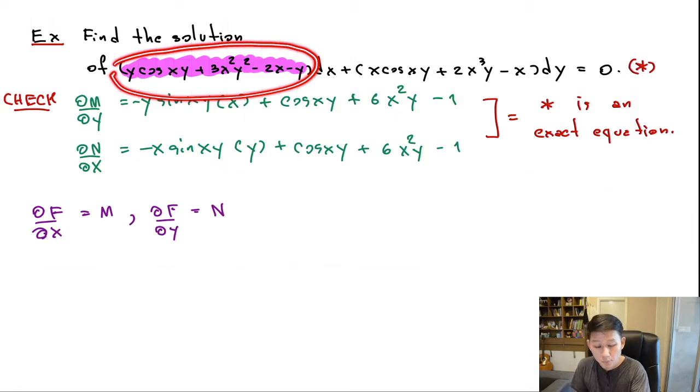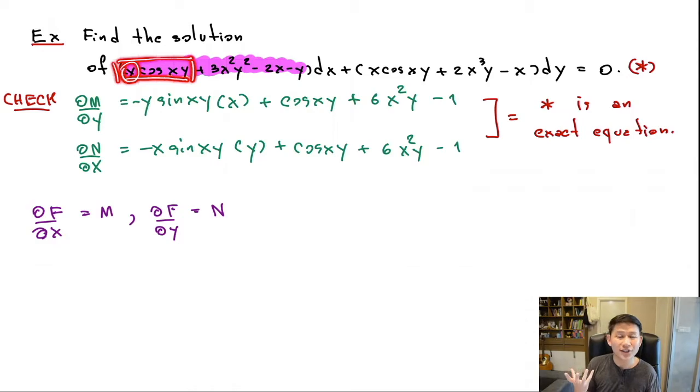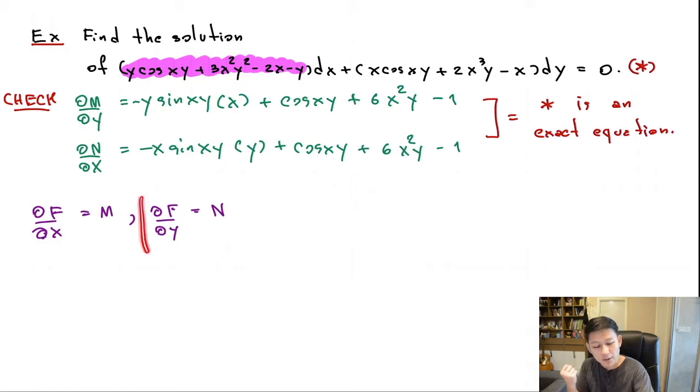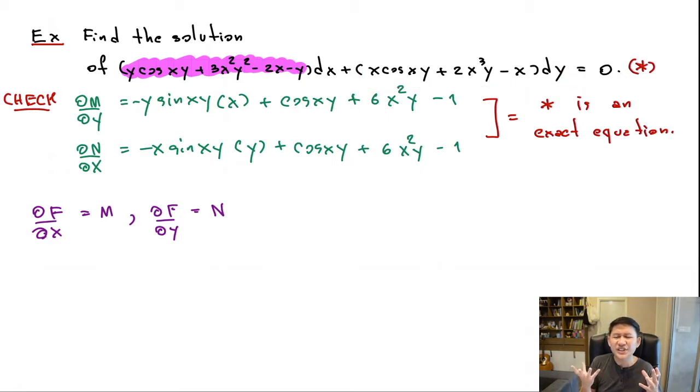Why? You might look here. Is this a problem? No, because it's y and y. They are just constants. It will be hard if we need to integrate this function by y. Make sense? But if you want to integrate by x, it's not that hard, right? Because it's just x. And similarly, if we want to begin with this, we need to integrate this function by y. And that's not hard as well. So for this problem, it's pretty much the same.